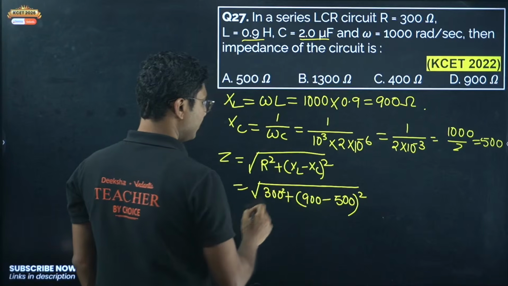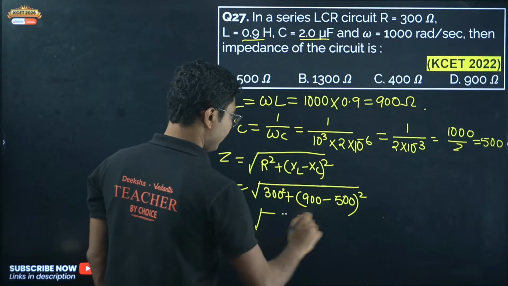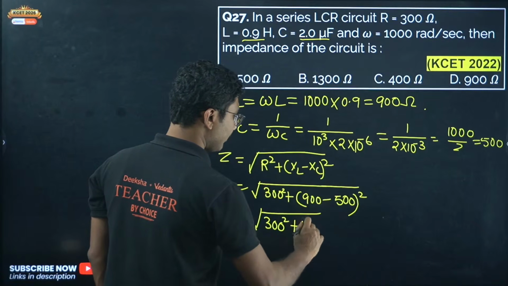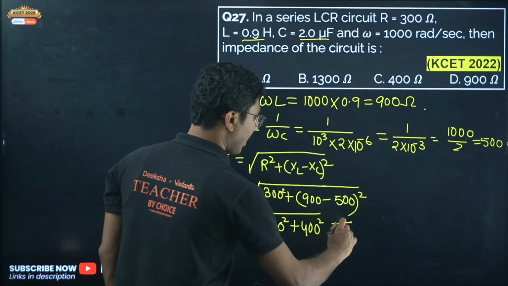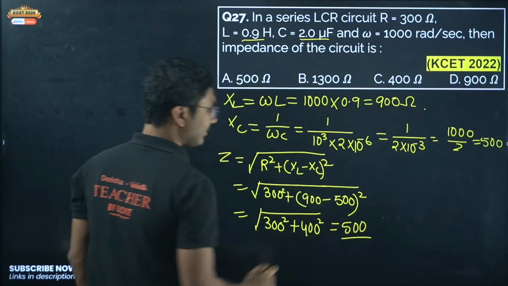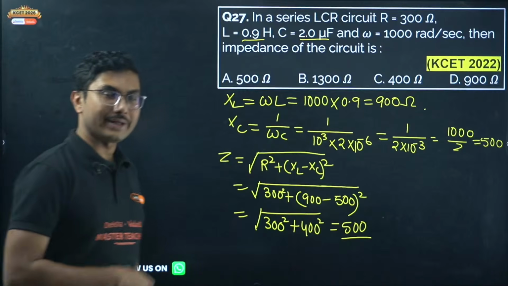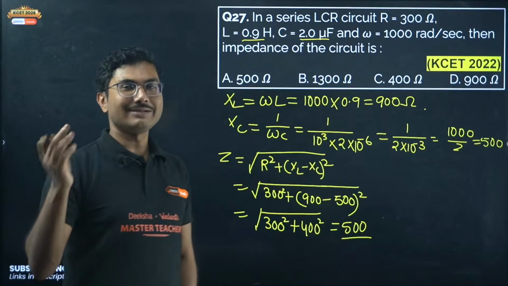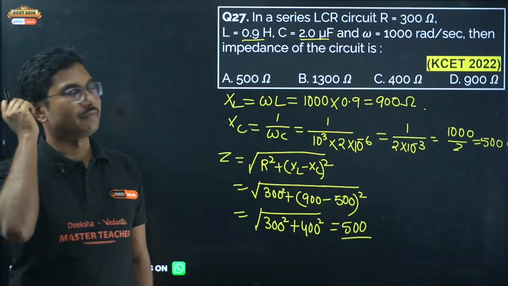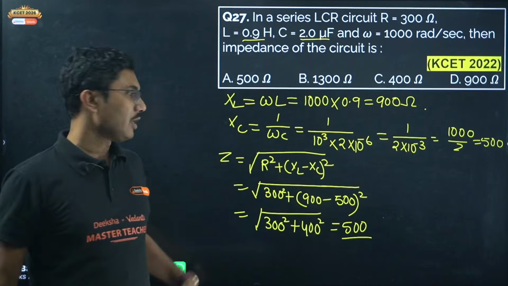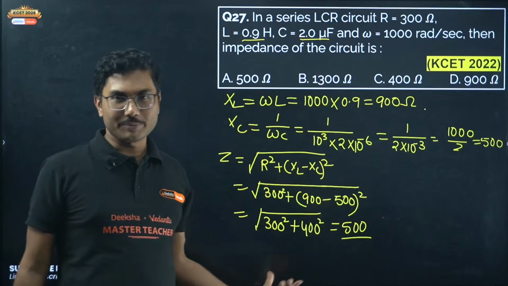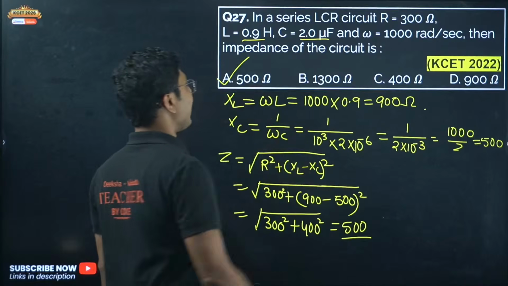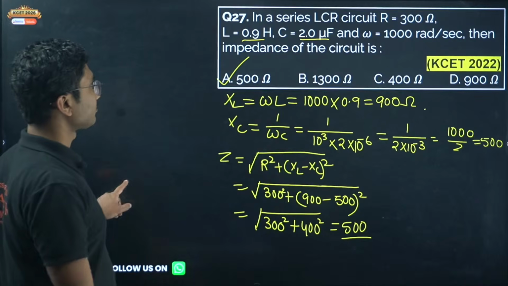Okay, so this is 300 square plus 400 square. So this must be 500. 3 square plus 4 square, square root is 5. We know that 3 square is 9, 4 square is 16. So if you add them, you get 25. Square root of 25 is 5. So 100 square, both of them are 100. That means it will be equal to 500. So correct answer is 500 ohm.